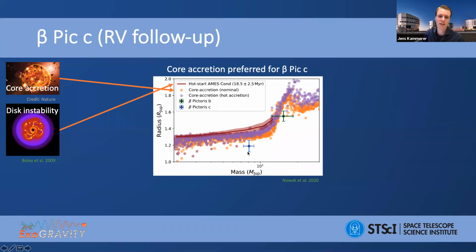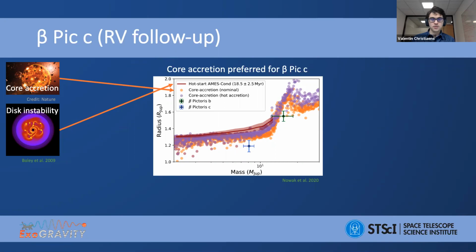But it seems like the estimate is a bit low. But how was the radius inferred in this one? Is it just from the spectrum, fitting a spectrum and inferring the photometric radius? I think that's what they did, if I remember correctly. Okay.